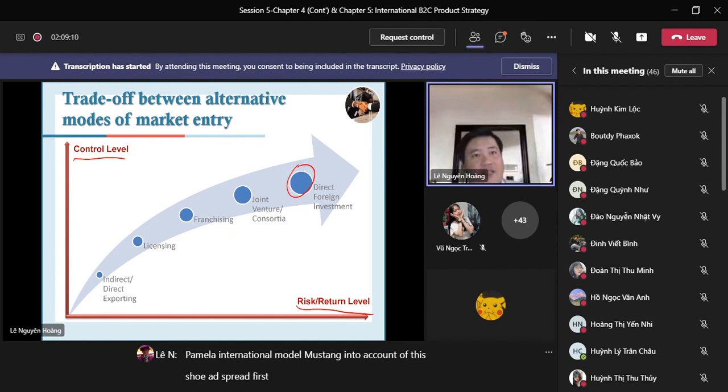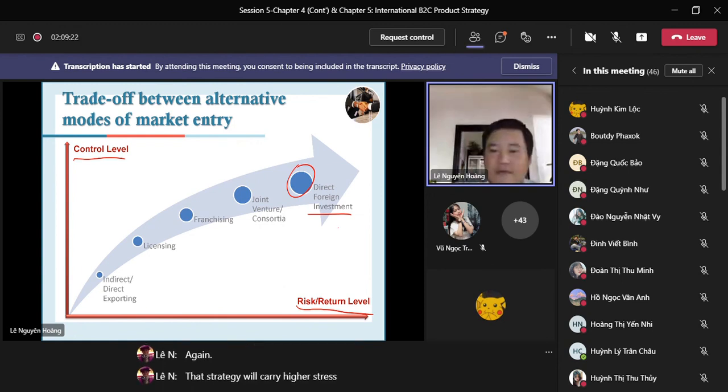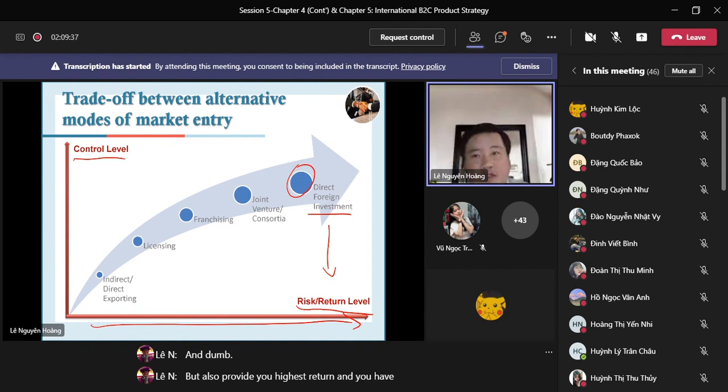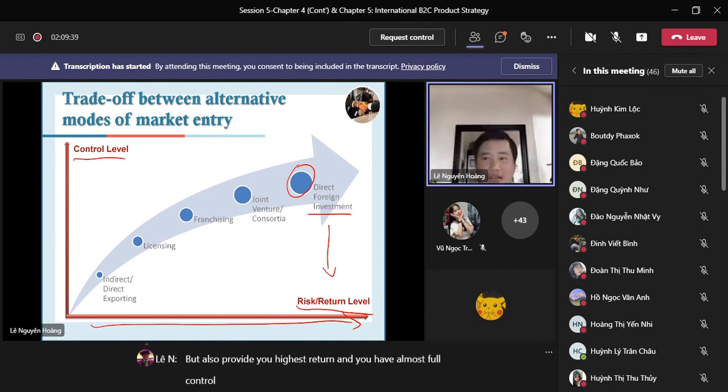First, as in the case of Samsung, if you decide to go for direct investment, then that strategy will carry the highest risk. You see that? But it also provides you the highest return, and you have almost full control over your target international market.